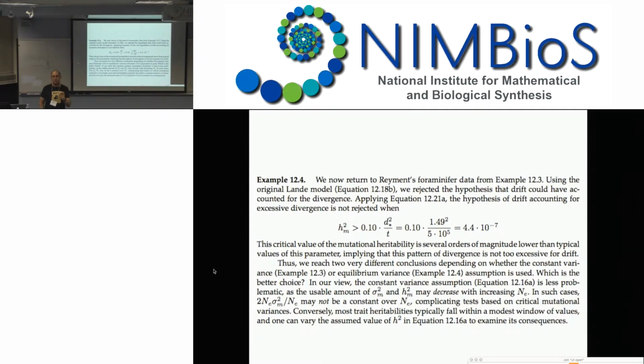You could do a clean experiment. As far as I know, no one's done it. And the clean experiment would take an inbred individual and basically estimate sigma squared m at different effective population sizes. Let's say 1 and 10 and 100. You should see those numbers go down. It hasn't been done. It's a lot of work. It'd be hard to convince an agency to fund it, but it'd be an important thing to do.